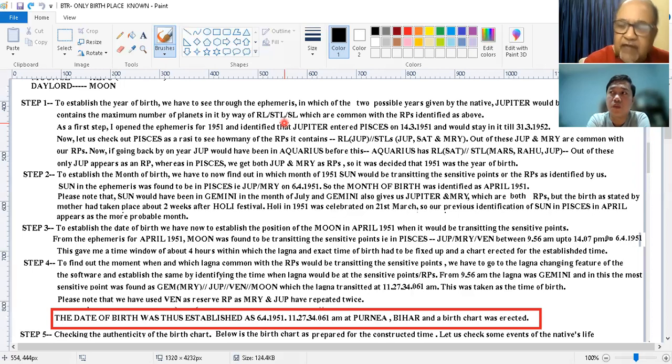So till when is it going to stay in Capricorn? Suppose it enters Capricorn in June 2021, then approximately June 22, it is going to change its Rashi.